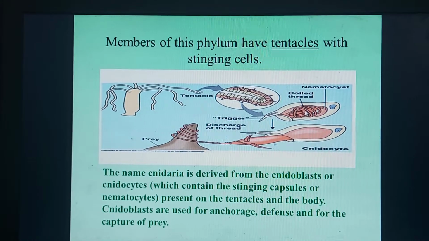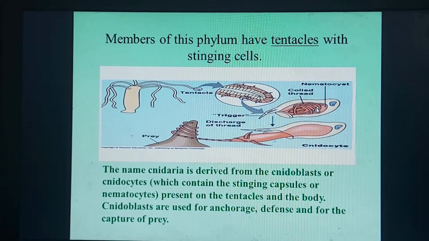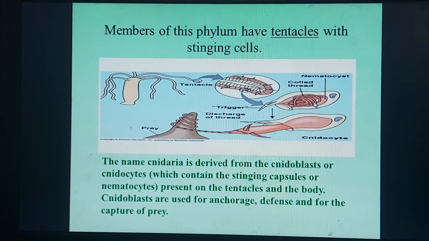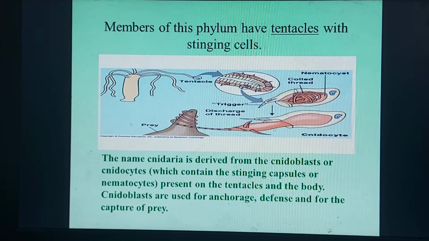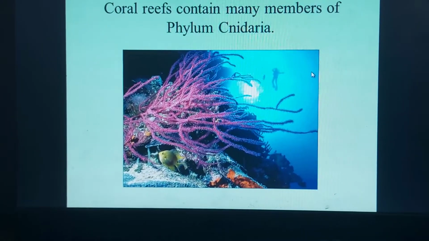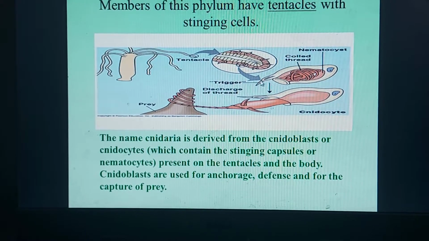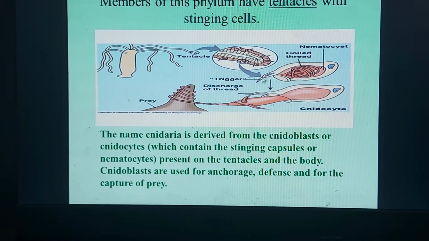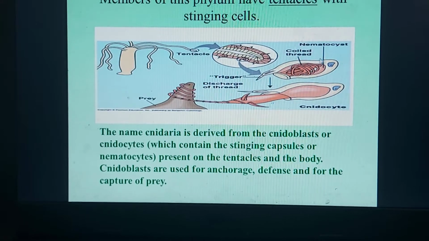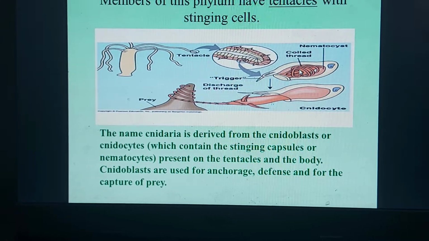This is called the cnidoblast or the cnidocyst, and this cnidocyst has, now look at the structure of this cnidocyst carefully. You can find that there is a trigger outside, and inside in the cavity of the nematocyst there is a coiled thread. Fine.